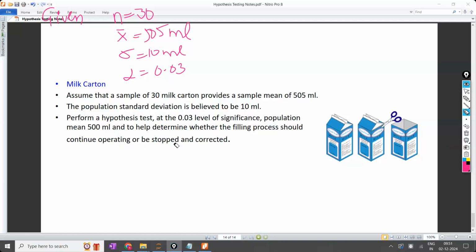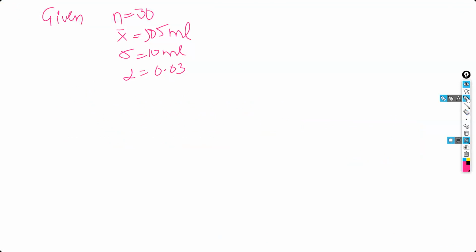For example, if the company is cheating and giving a sticker of 500 ml but internally only 450 ml of milk, the inspector is going to stop it. They are not going to say, hey, you are making a mistake, correct your machine. So it will be done by the company people, so we have to see from the company's point of view.